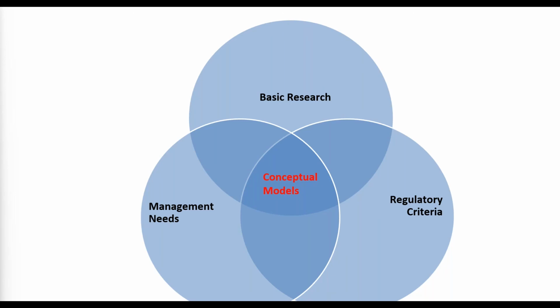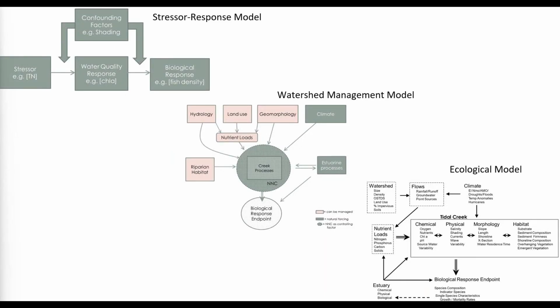Next slide, please. And these are just some of the conceptual models that we used in our study. We had a simple stressor response model on the left that we used to test some hypotheses related to developing criteria. It goes out to a larger watershed management model where we tried to identify what we could control and what we could manage, and then a more complex ecological model.